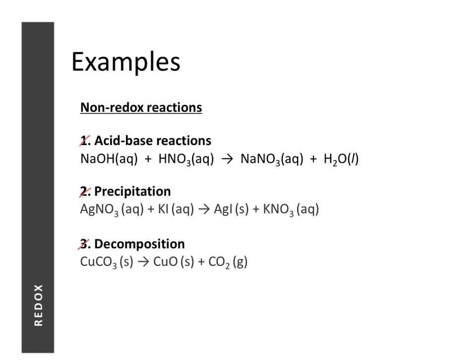So to identify redox reactions, what we can do is cancel away reactions that are obviously not redox, like acid-base, precipitation, and decomposition. Now I'm going to teach you another method that is much faster but will only work in the O-level context.